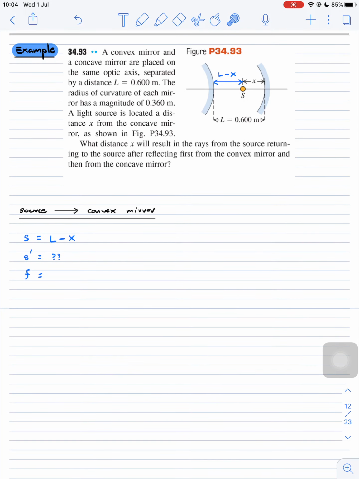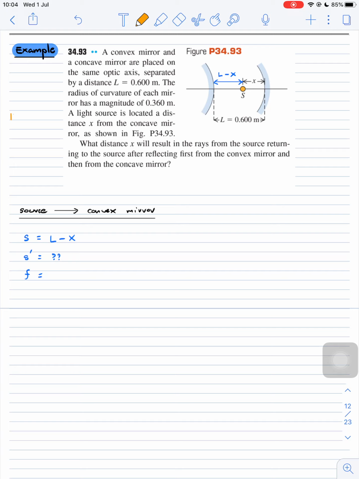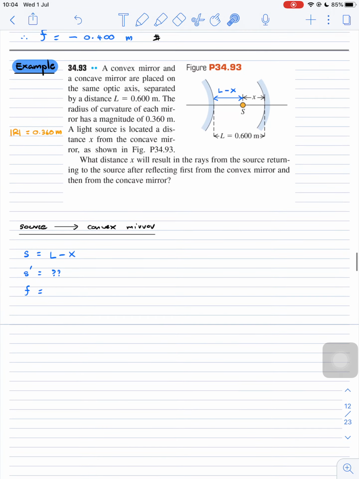The problem says the radius of curvature of each mirror has a magnitude of 0.360 meter, so the magnitude of R for both mirrors is 0.360 meter. Now for F: for the convex mirror, the focal length must be negative.